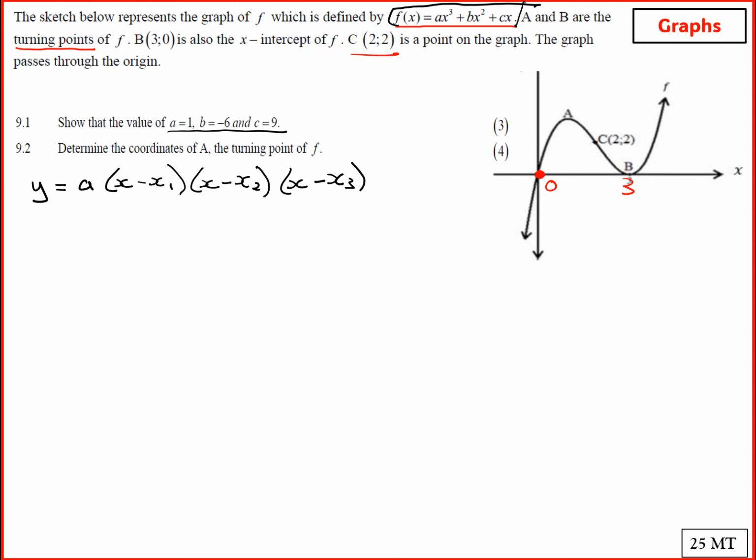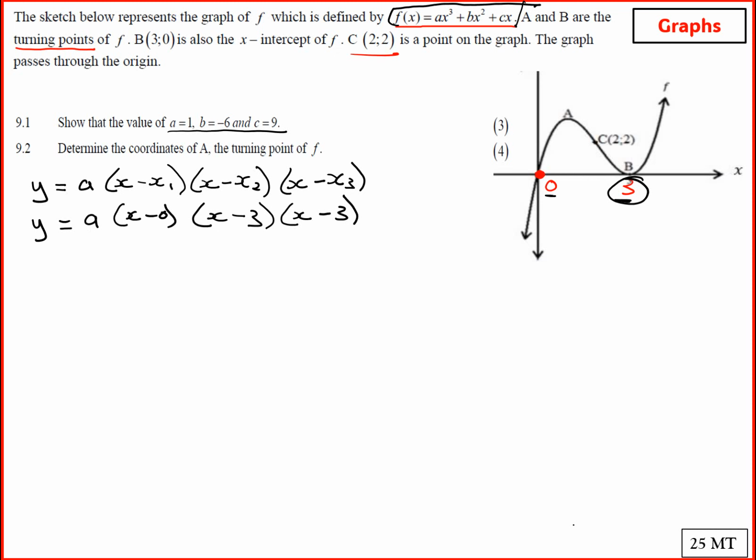Now, if we look at the graph, 0 is an x-intercept and 3 is a turning point. So we're going to substitute into x1, x2, and x3. So it's a into x minus 0, and x2 is 3. And the third one, because the graph turns at 3, we repeat that root, which is x minus 3. And here we have our x-intercepts in the equation.